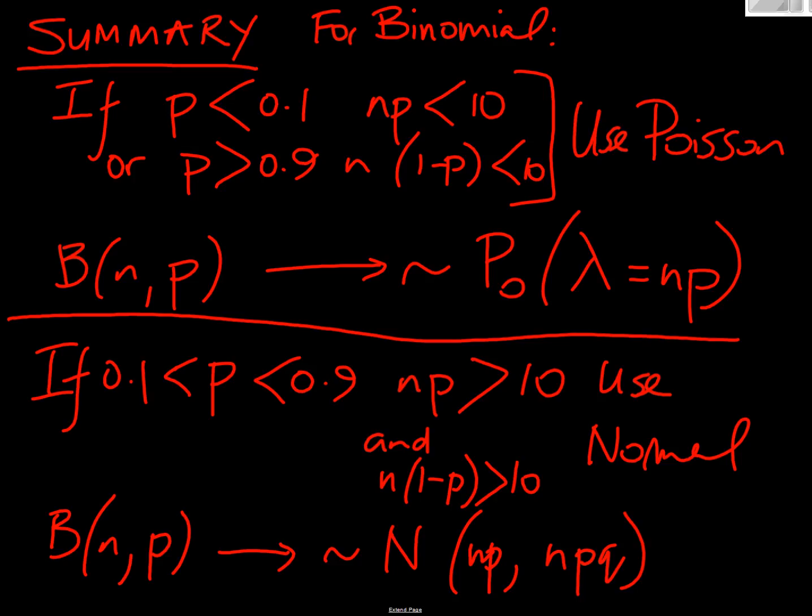Secondly, if we've got a P value that's not as extreme, somewhere between 0.1 and 0.9, and we can check that our np is greater than 10, so it's not extreme, and it's not extreme at the other end either, we need to check both ends, that our n(1 minus p) is greater than 10, then we should use our normal.